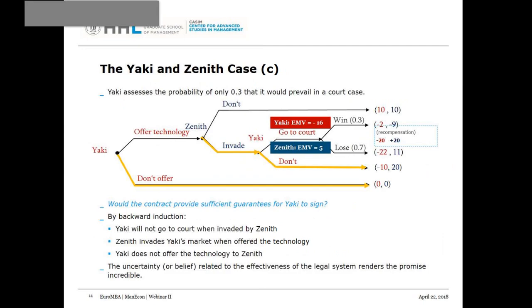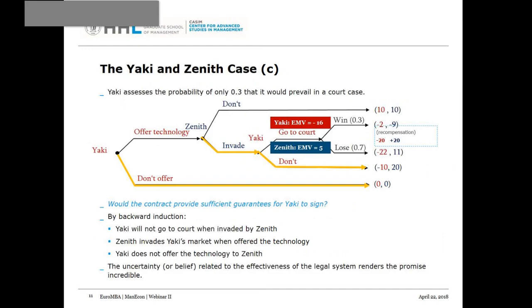So again, as you can see, the entire reasoning is very sensitive towards the details of the case, and the details are the probabilities and also the payoffs. So we don't talk so much about modeling, but I'm talking about the very clear idea of analyzing the game. Here we have the 30% probability of winning.